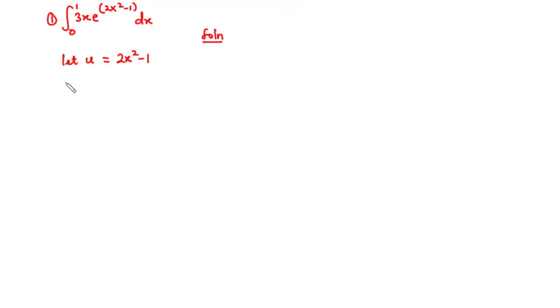Now the next thing we are going to do is to find the dx. In finding the dx, we first of all need to find du dx, that is trying to find the derivative of this function with respect to x. So when you differentiate 2x squared with respect to x, then you have 4x, derivative of a constant is 0.